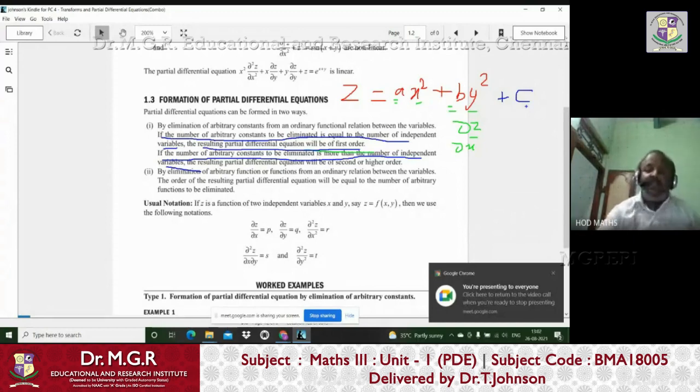That means it will involve dou square z by dou x square or dou cube z by dou x cube. So you can form a PDE of order more than 1 if the number of arbitrary constants is more than the number of independent variables. But if the number of independent variables is the same as the number of arbitrary constants, you can directly find a first order PDE.